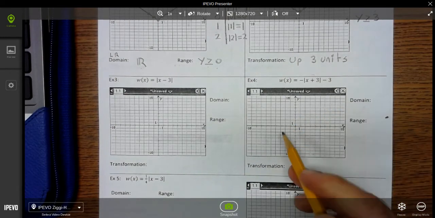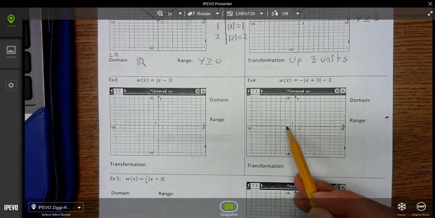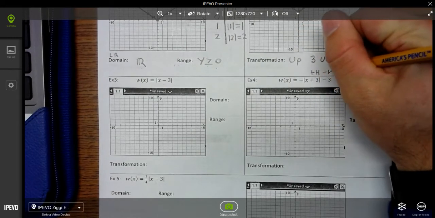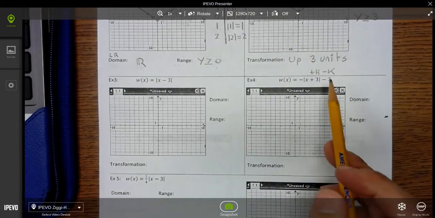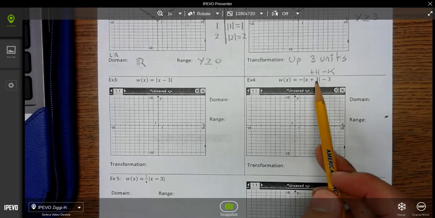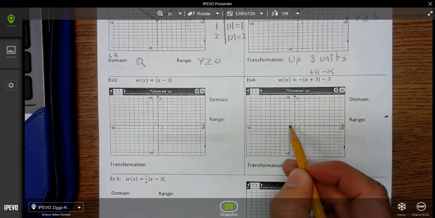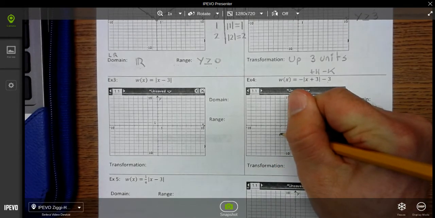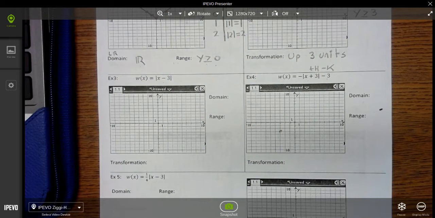And I'm going to remember here because we're not done with the transformation. So I went left 3, but now we see that, because remember that's the plus h, but here we have minus k. So we went left 3, now we need to go down 3. So we went left 1, 2, 3, and then down 1, 2, 3. So there's our transformation point, okay?